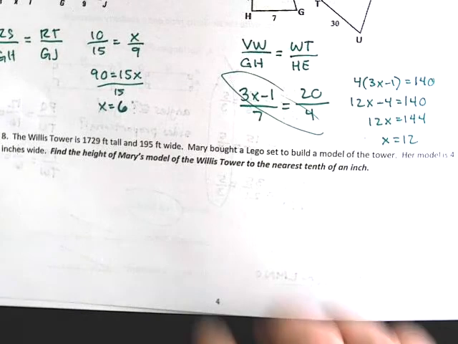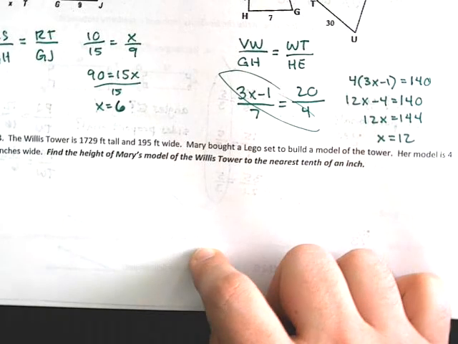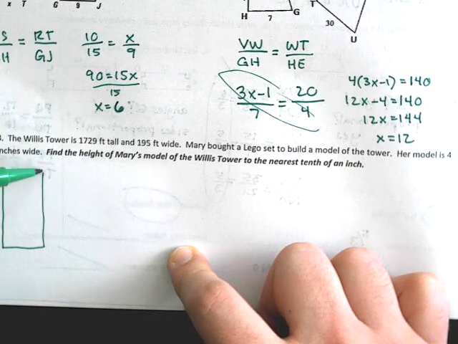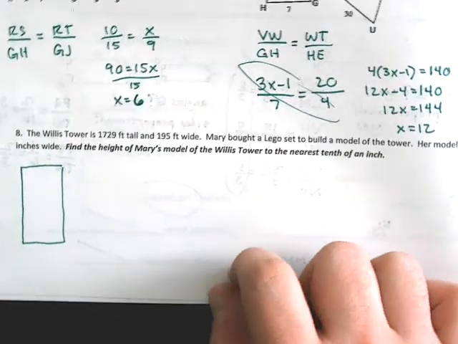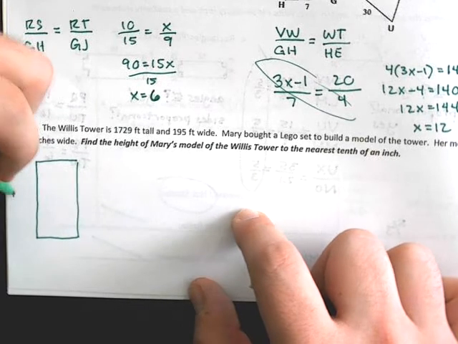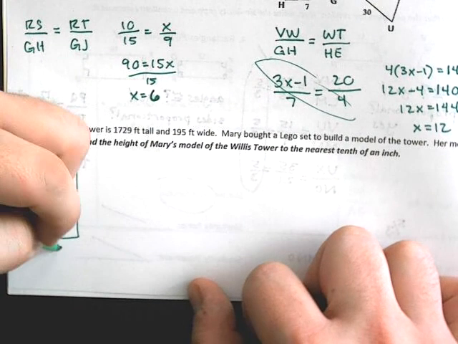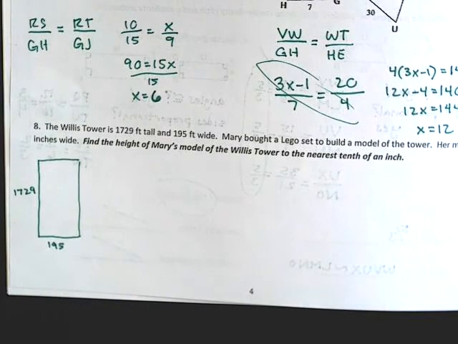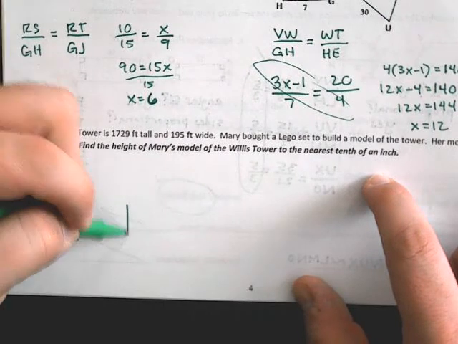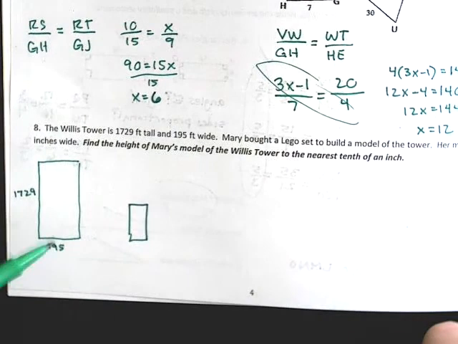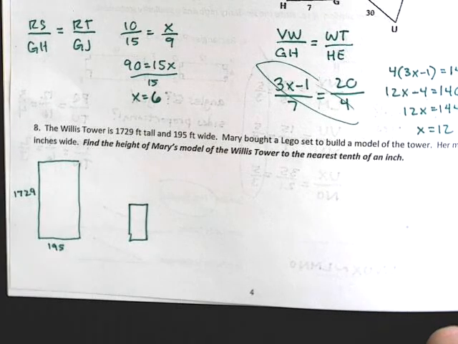So, what I'm going to do, guys, is draw a picture. A couple of pictures, actually. Alright, here's my Willis Tower. Really nice picture, right? I know that it's 1,729 feet tall, and I know that it's 195 feet wide. Now, any model that Mary or me or whoever makes is going to have to be proportional, similar to the actual building itself.